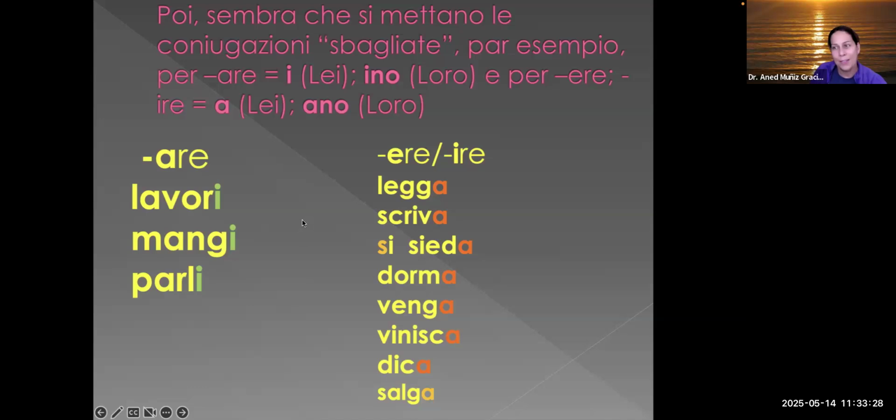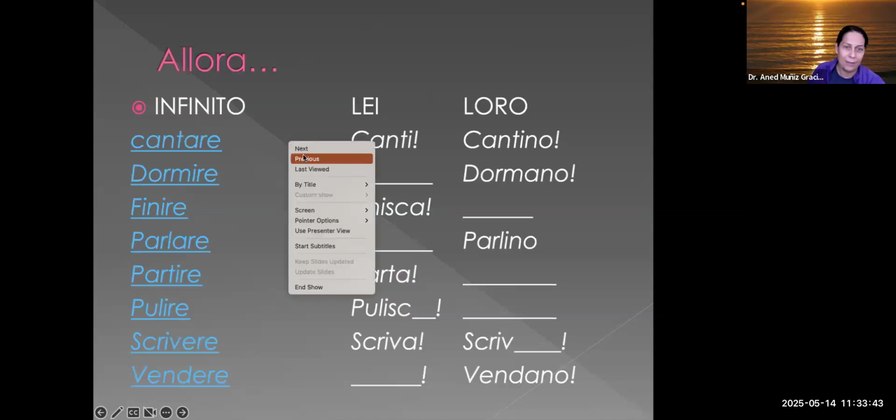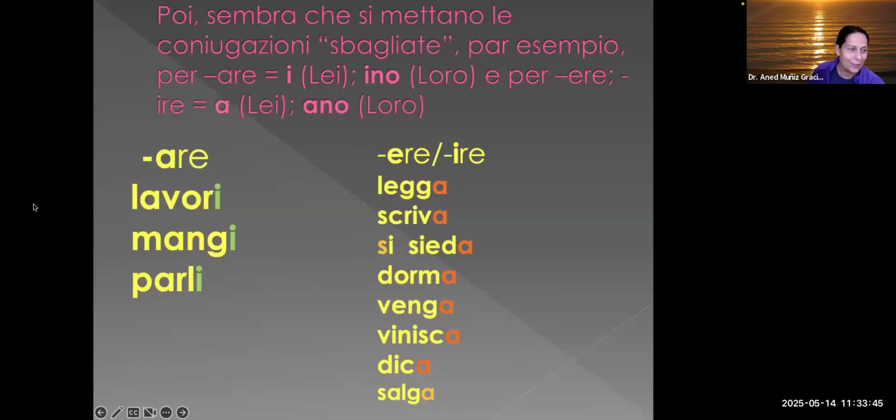And then to put the formal imperative, and this is just the lei form and the loro form, for -are verbs you put an E, right? It's like you change it.